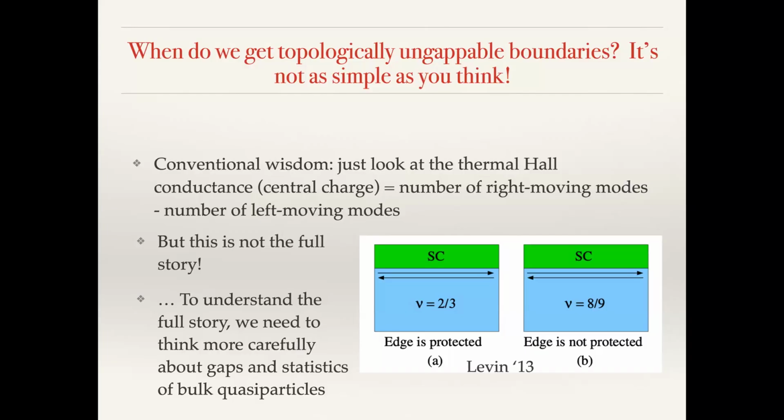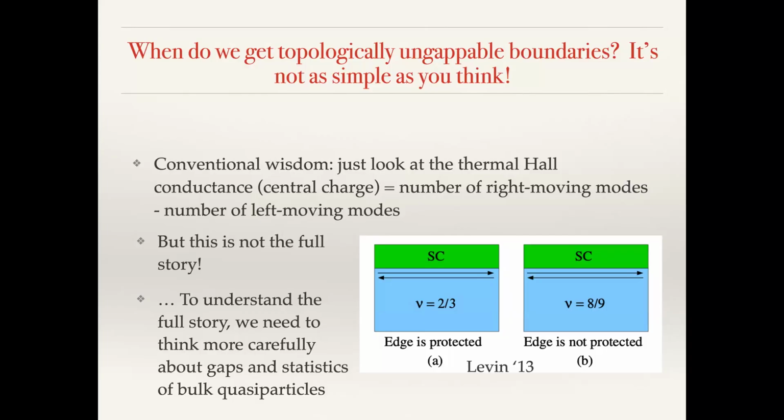And there's a really nice example in a paper by Mike Levin in 2013, where he pointed out that there are edge states that are protected where, I should say, what is the central charge? Okay, so the quick counting argument for the central charge in these abelian theories is the number of modes that go to the right minus the number of modes that go to the left, okay?